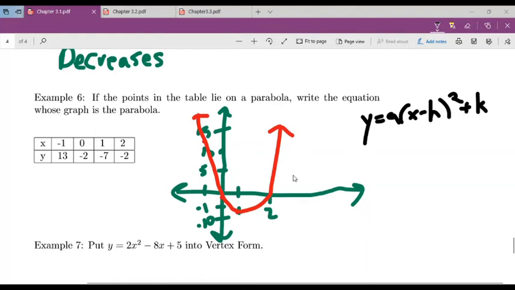Now, what I notice here is my vertex looks like it's 1, -7. Okay, so that's what I'm going to plug in. So I've got y equals a times x minus 1 squared plus -7. So I'm just going to go ahead and write that as a -7.